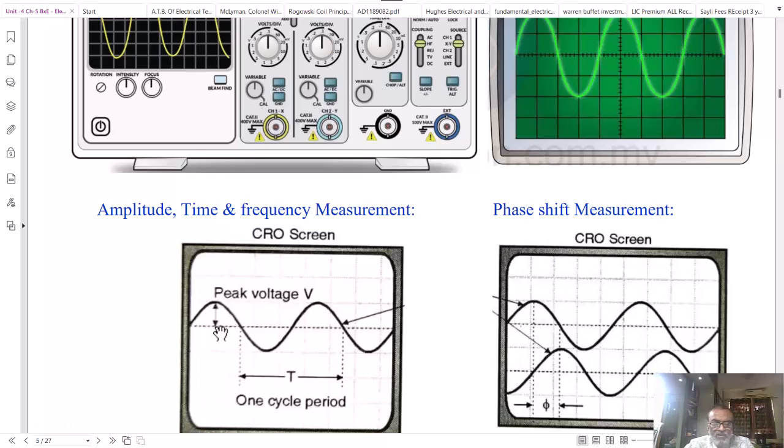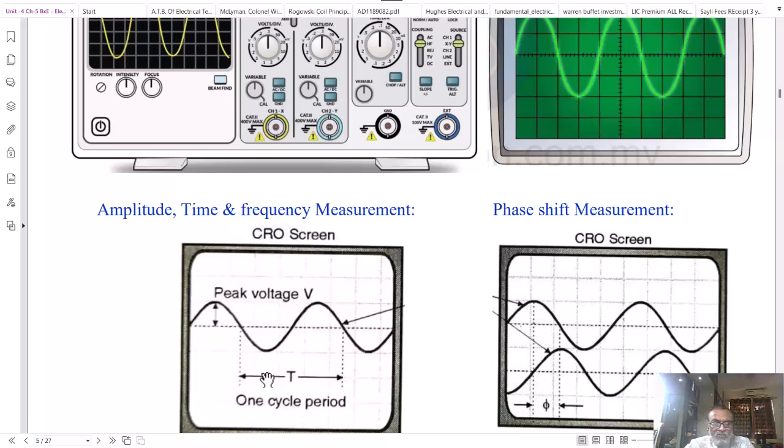If the voltage is measured between the reference and the maximum value, then it is the peak voltage. If we measure the distance between the lowest negative peak value and the positive peak value, then it is the peak to peak voltage.